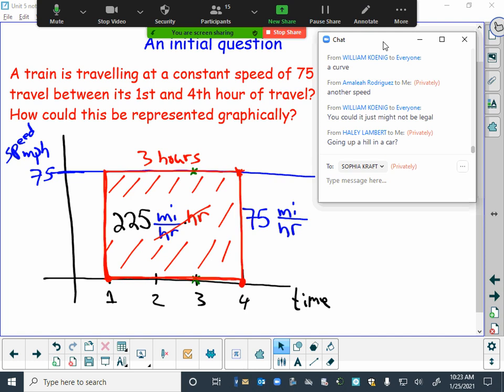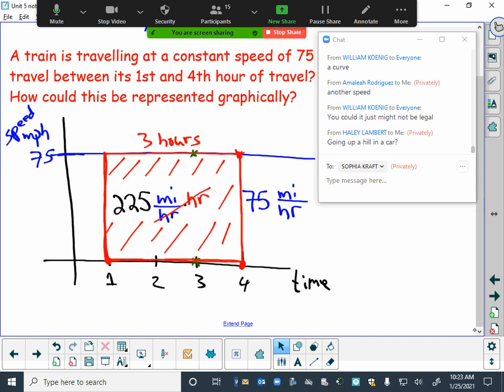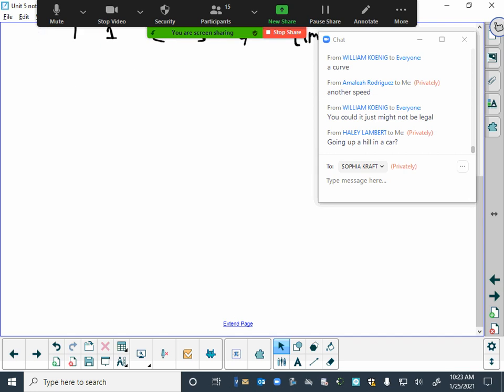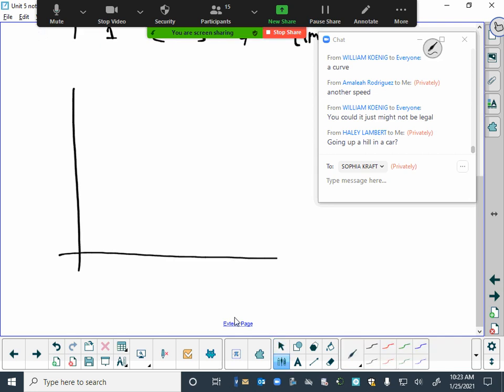All right, so what would this look like? We'll keep the 4 hours, it doesn't really matter. Speed in miles per hour.